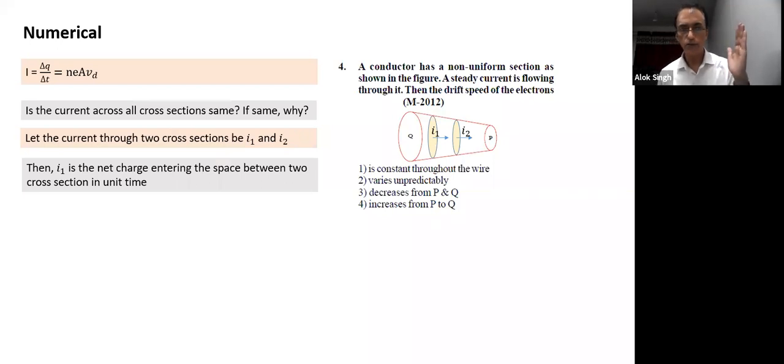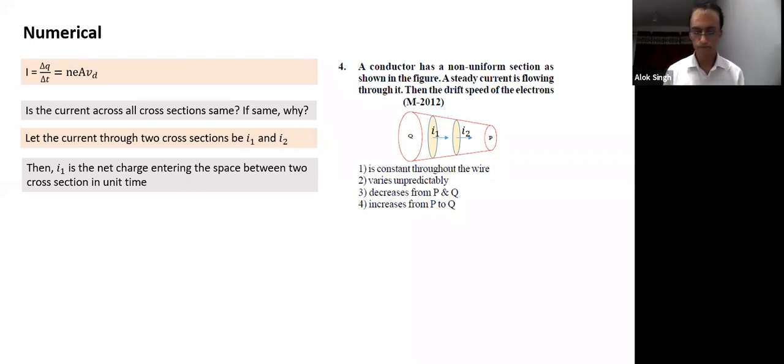I am taking the volume enclosed by the two cross sections. I1 indicates the net charge entering through the cross section in unit time. That's the definition of current.